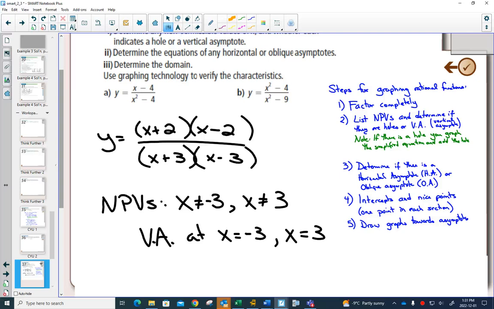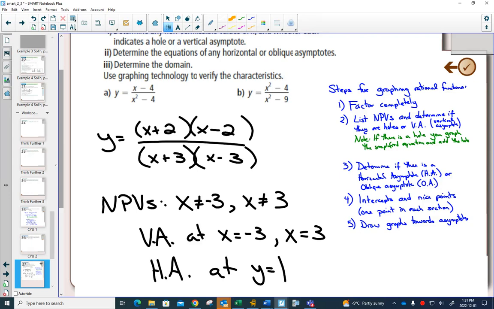This is the one where we have a parabola on the top and a parabola on the bottom. If the degree is the same on the top and the bottom, horizontal or oblique? Horizontal. We have oblique when it's bigger on the top than the bottom. But if it's either bigger on the bottom or the same, you have horizontal. And to find the horizontal one, it's going to be at y equals 1.